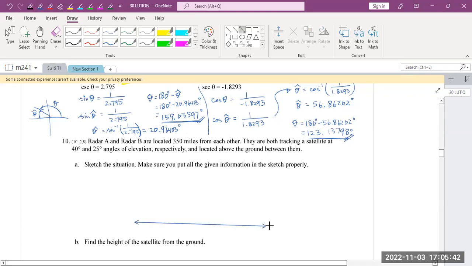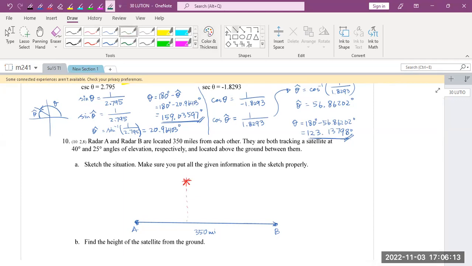Let's say this is A and this is B. They are 350 miles from each other. They are both tracking a satellite located above the ground between them. Let's say the satellite is here. Between them, right?